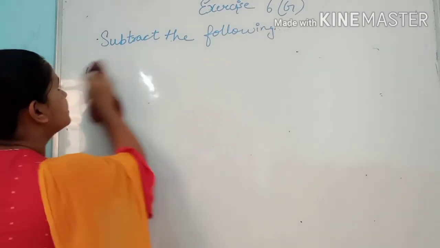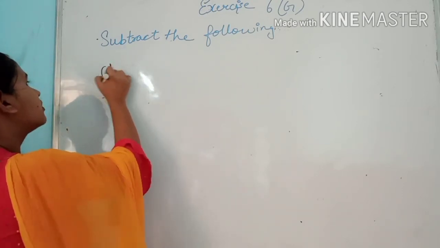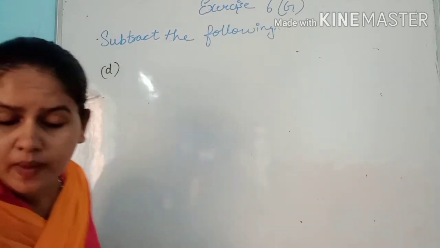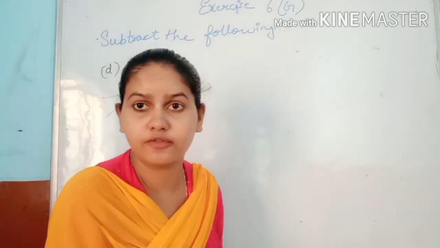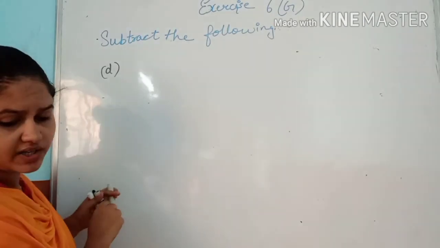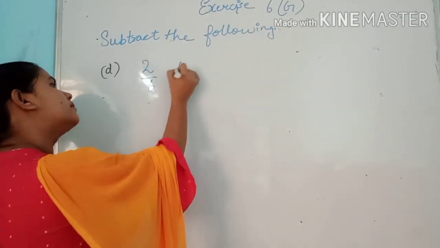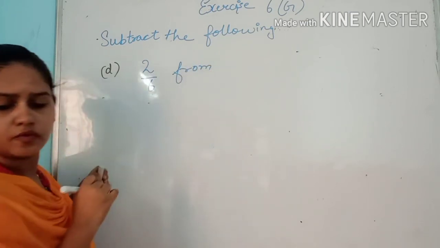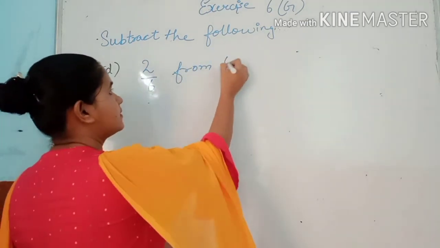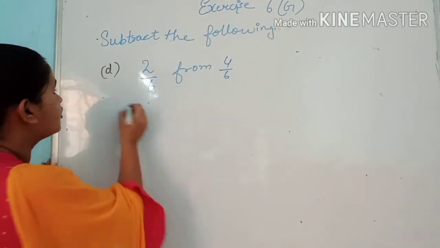Which one is D? D is, okay, 2 by 6 from 4 by 6. We have to subtract it. Okay, let's do the subtraction of 2 by 6 from which number? 4 by 6. Now we have to solve them. How will we solve it?